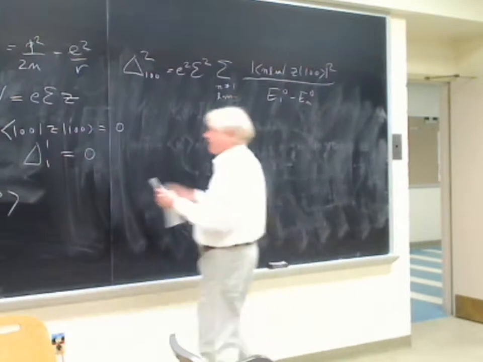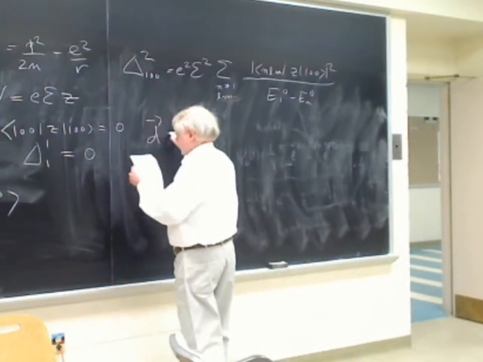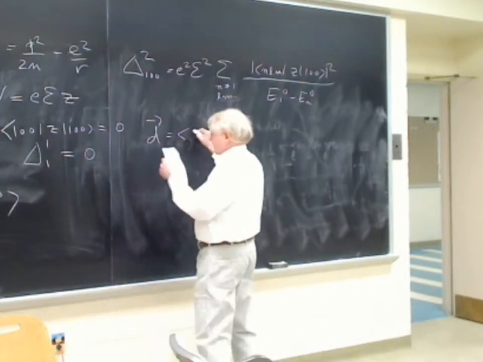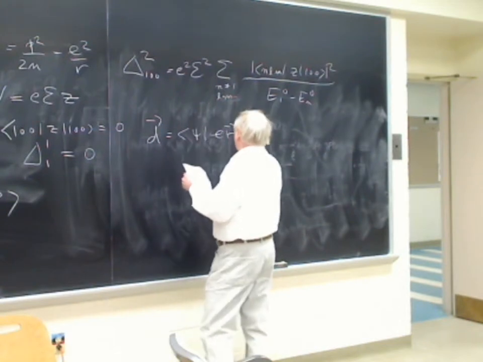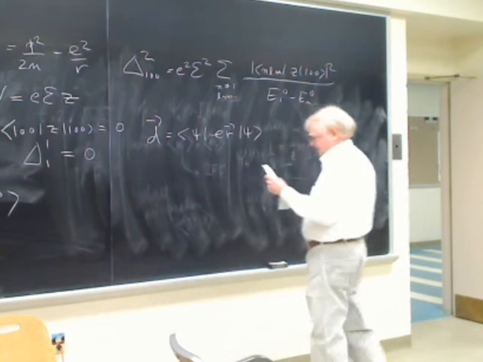Well, let me just define the dipole moment. The dipole moment is going to be the mean value, in any state psi, of minus e r, where e is taken to be positive.